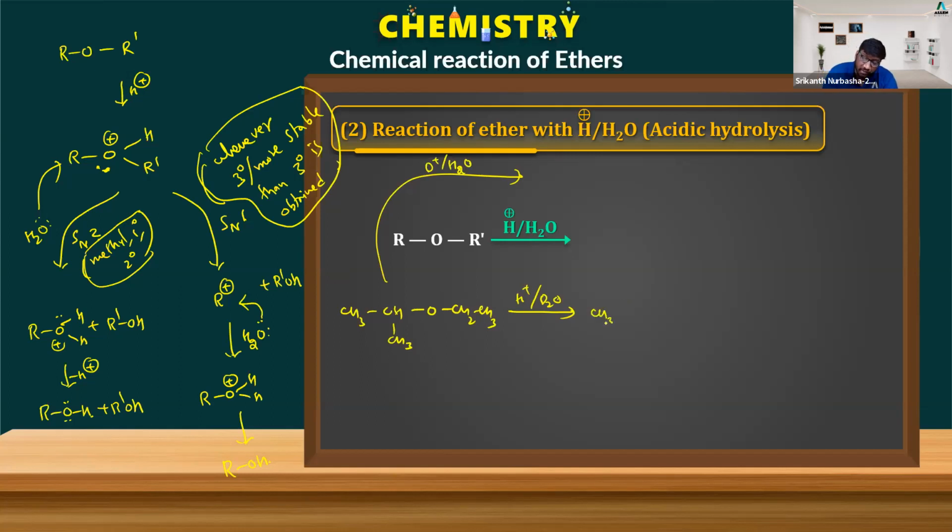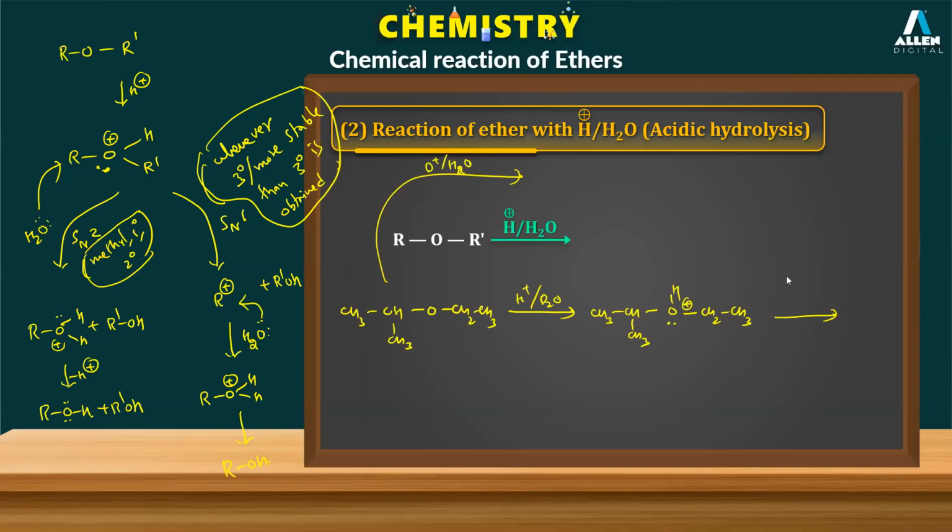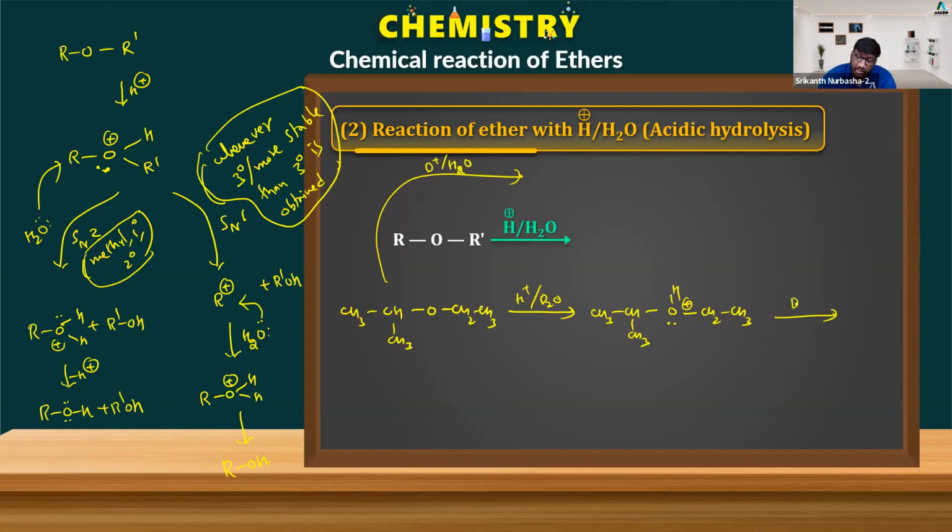You will generate CH3 CH CH3 OH with a lone pair of electrons on oxygen and a positive charge, and CH2 CH3. Now D2O has to attack. Will D2O attack in the SN2 manner or SN1 manner? SN2, because if I cleave the C-O bond, I am not generating 3 degree or more stable than 3 degree. So I have to go with the SN2 manner.